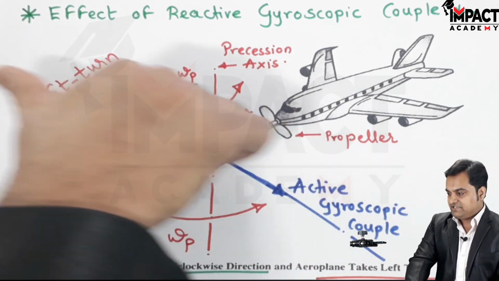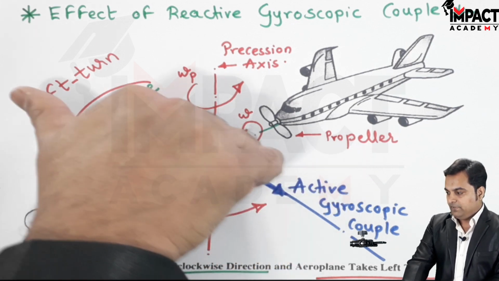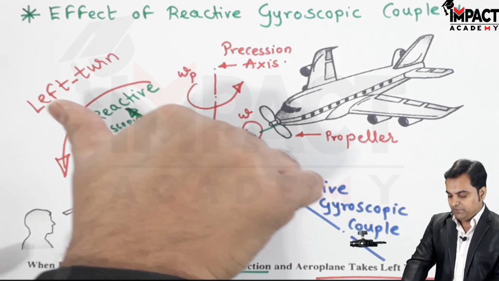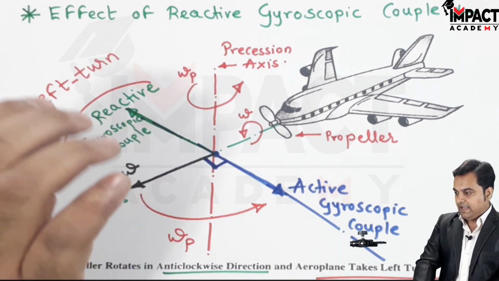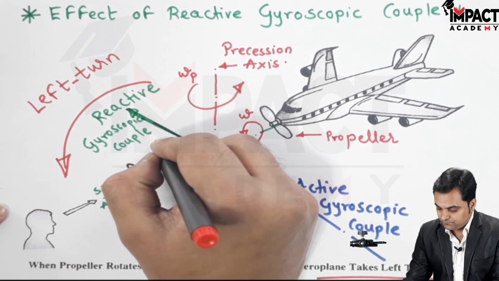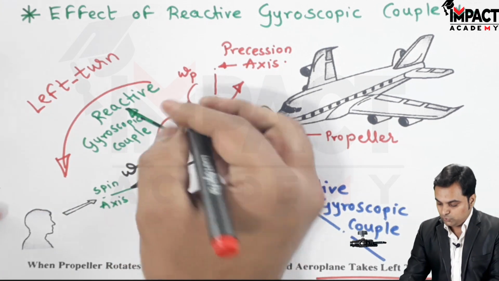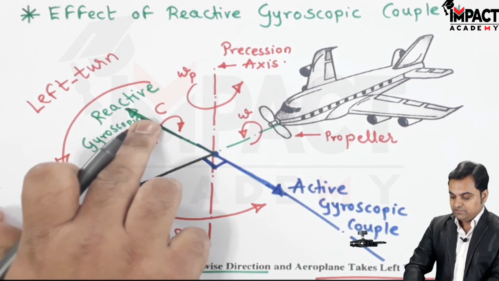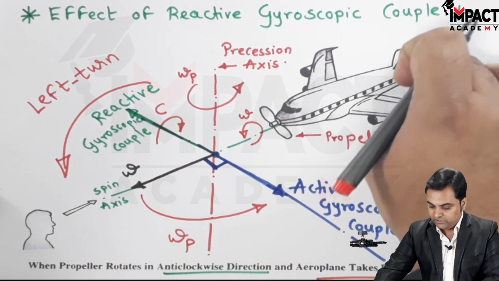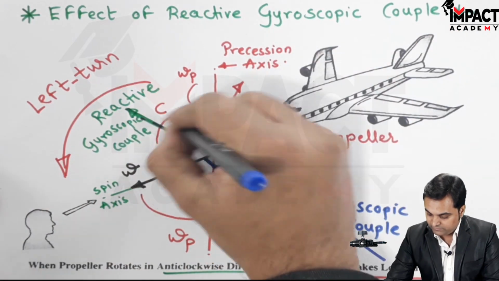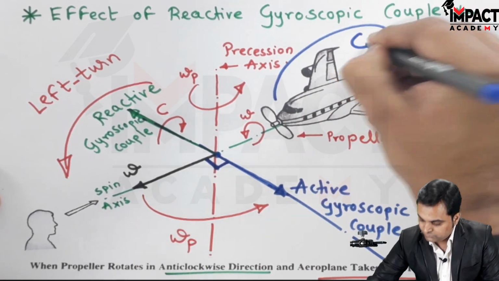So when I am matching this, the thumb indicates the reactive gyroscopic couple vector and the curled fingers show the couple direction, and this couple would be in this direction. Here C indicates the reactive gyroscopic couple, shifting this couple similarly onto the plane. Like this direction, it has been shifted onto the plane.